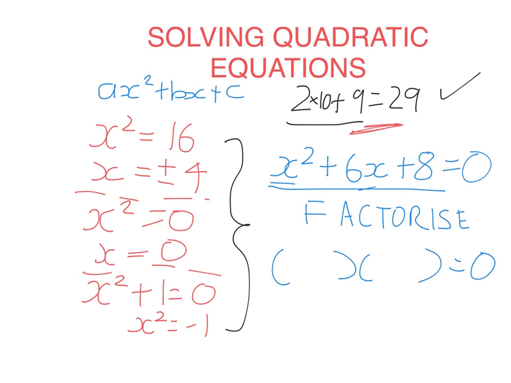Now, what we're going to do then is apply what's called the Null Factor Law. If I have two things that multiply to 0, either the first thing equals 0 or the second thing equals 0, right? That doesn't work for any other number.